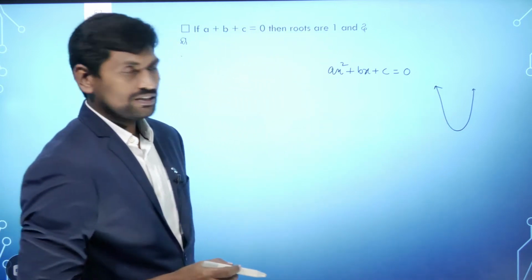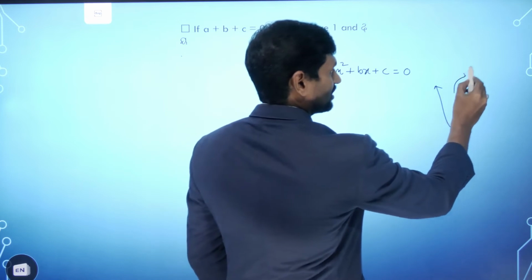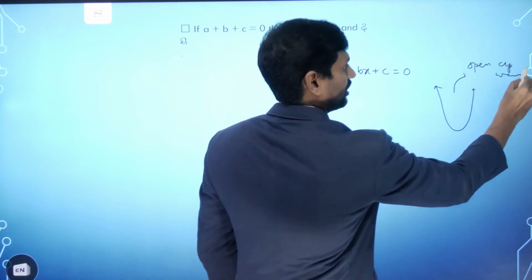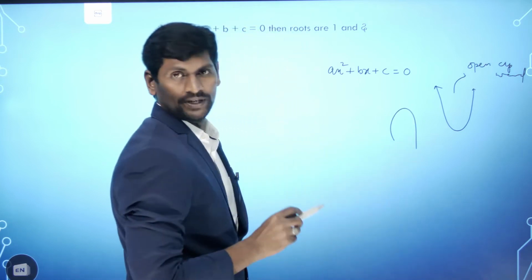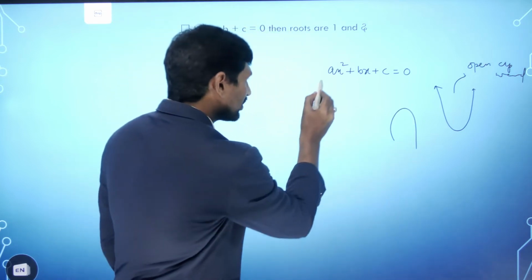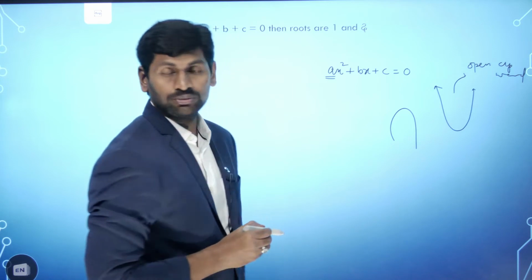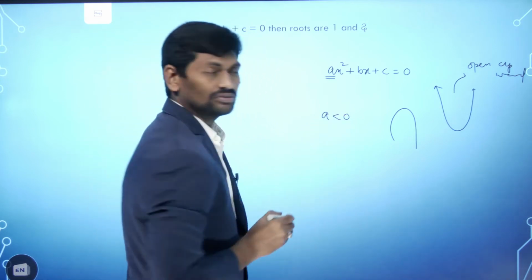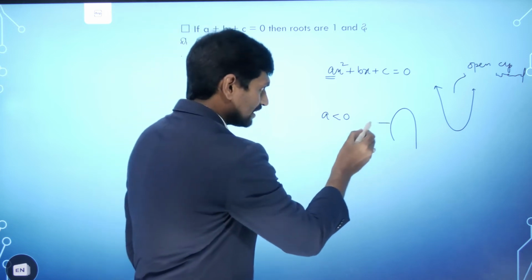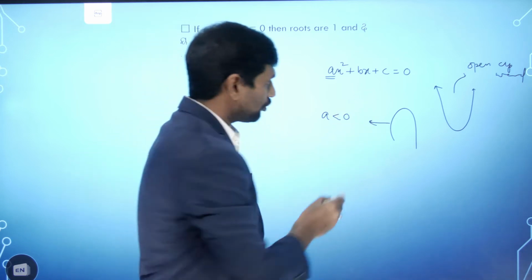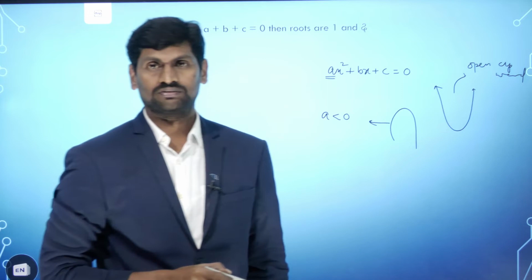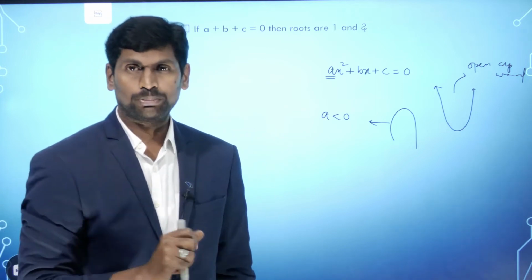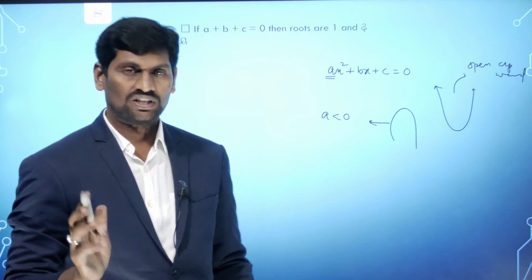That means it is open upwards. And here also you can take it like this, open downwards. Whenever the a value is negative, less than 0, we get the parabola opening downwards. Or minima, maxima, we have discussed, right? You remember or not? Right.